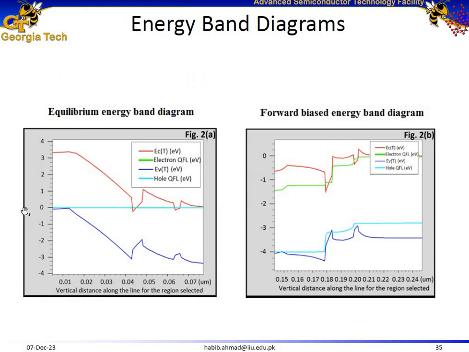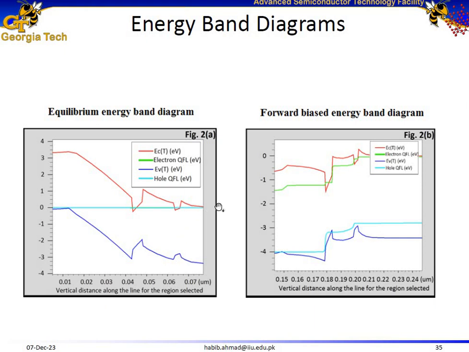Here is the energy band diagram of the structure under thermal equilibrium, where on the right side we have N-type gallium nitride layer, on the left side we have P-type gallium nitride layer, and here is the active region, where we have one indium gallium nitride layer and another indium gallium nitride layer. These are the active layers, forming quantum wells.